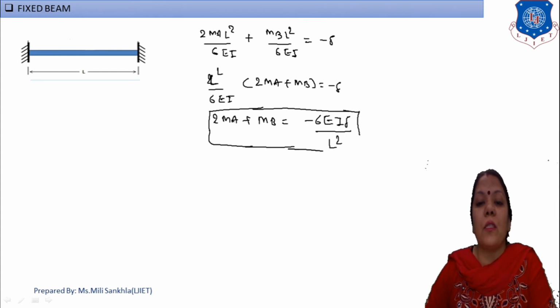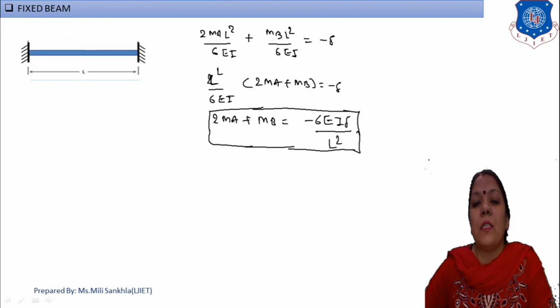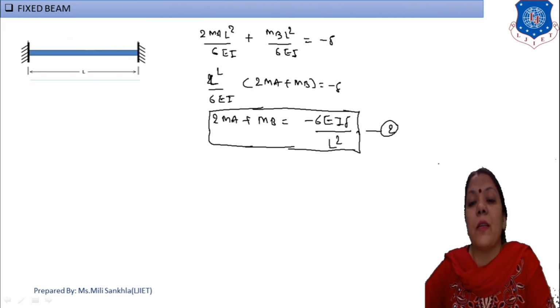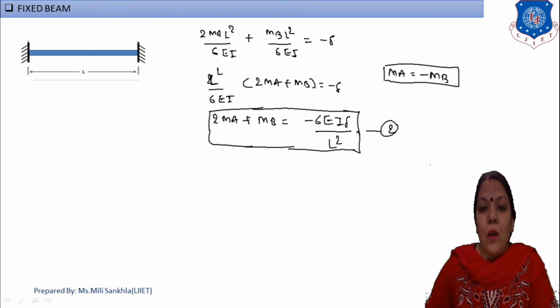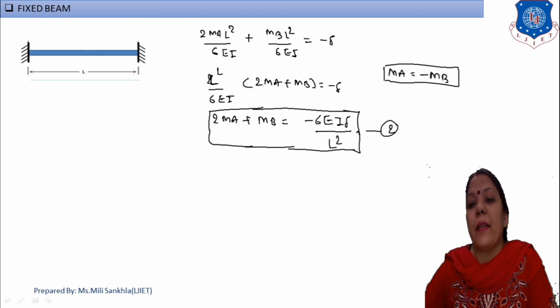Now what is the first equation? Okay, this is my second equation, and the first relation we proved is MA equal to minus MB. So now put this value of MB, or we can say that we put MB is equal to minus MA also.